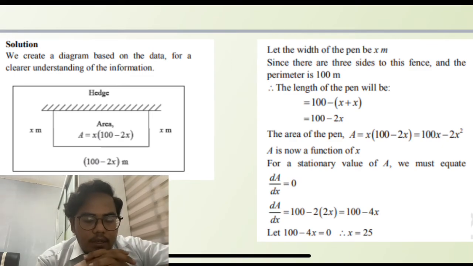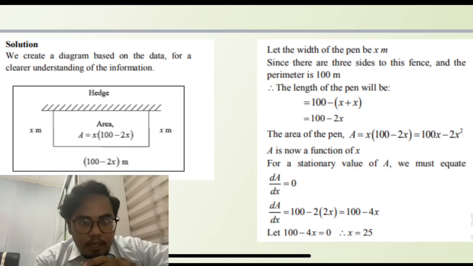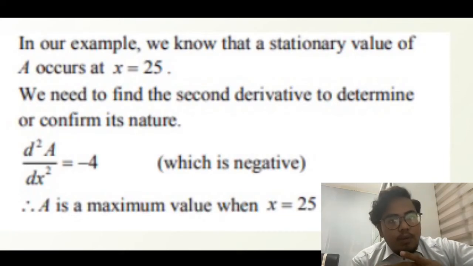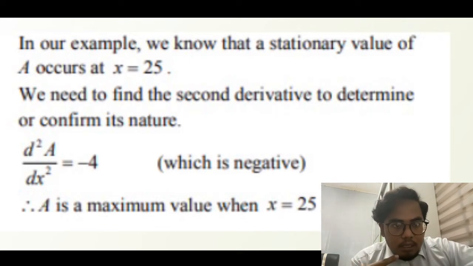We learned that in class, right? So how to find the value of x? Let 100 minus 4x equal to 0, and then you get the value of x, which is 25. We differentiate one more time the equation 100 minus 4x, and we will get negative 4.